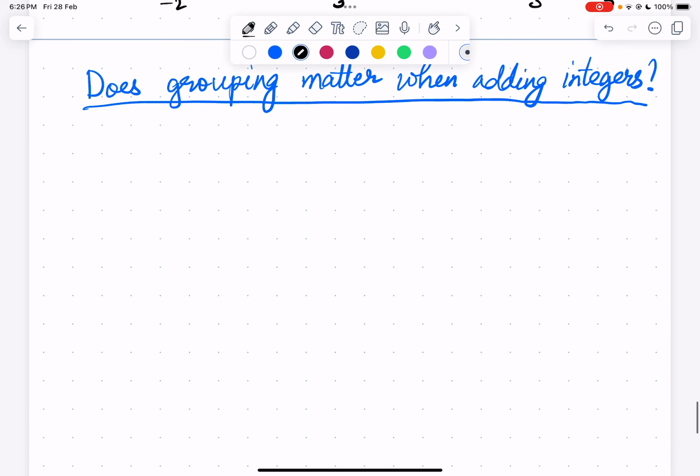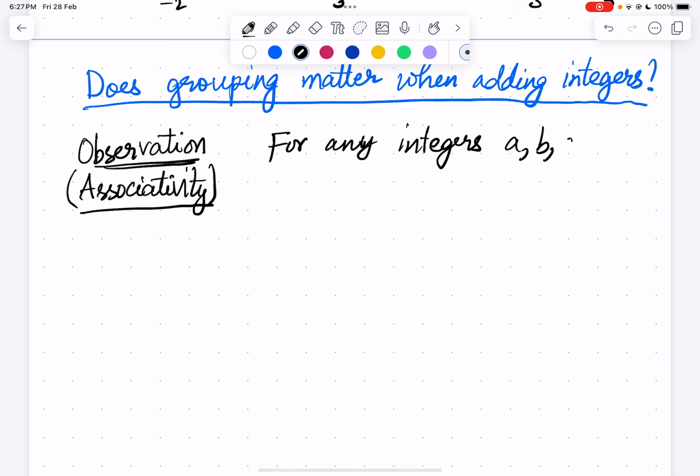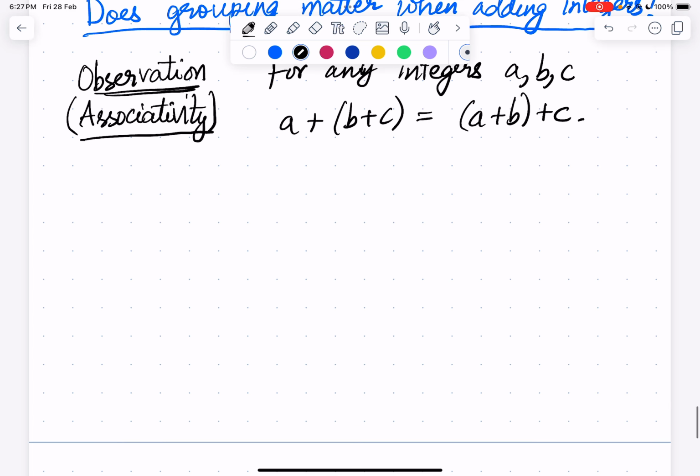So we have an observation. This is called associativity. For any integers a, b, c, we have (a plus b) plus c equals a plus (b plus c). So grouping doesn't matter.